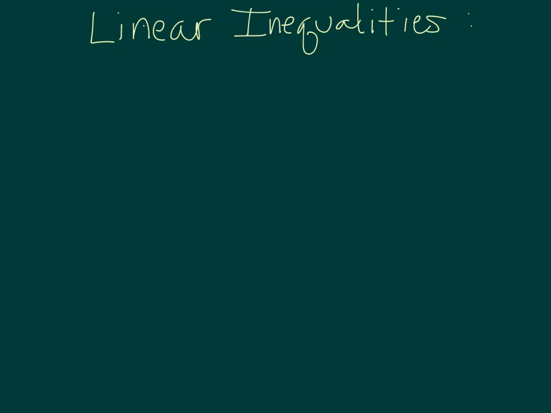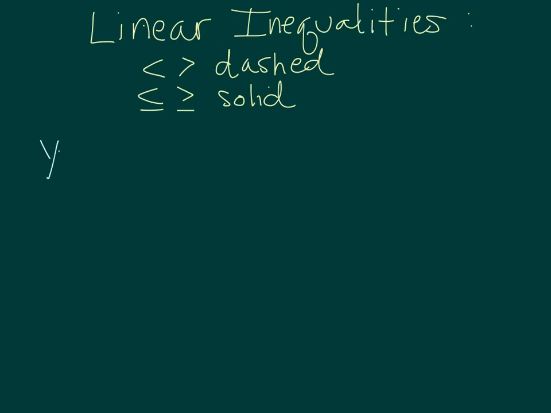Things to remember there. This and this are dashed lines. This and this are solid. Make sure you have that solidified. I just want to talk to you about 3 different types of graphs. When you have y equals mx plus b, identify m equals, b equals.